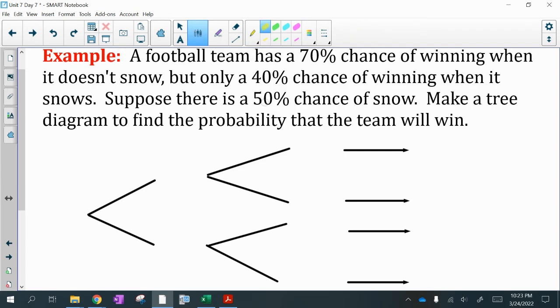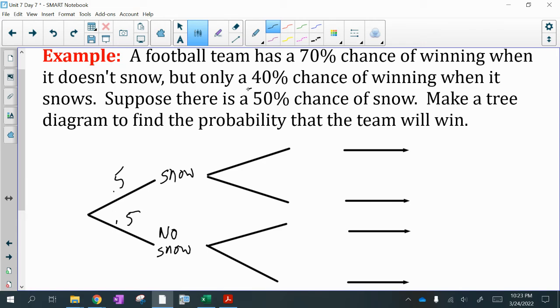It could snow, and then winning. I'm going to set things up with the snow first. So I'll say if I get snow, and this is no snow. Again, it's a 50% chance, so I'm going to say 0.5 snow and 0.5 no snow. Again, I'm taking that information from there.